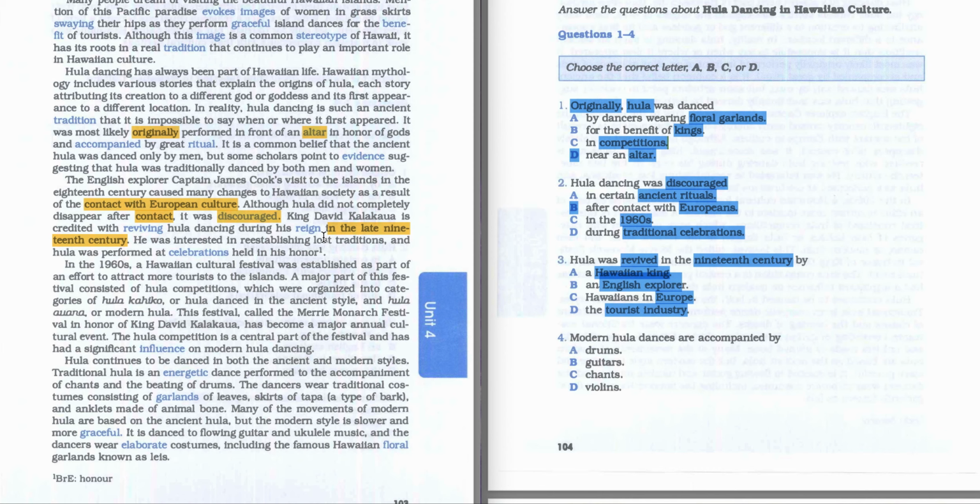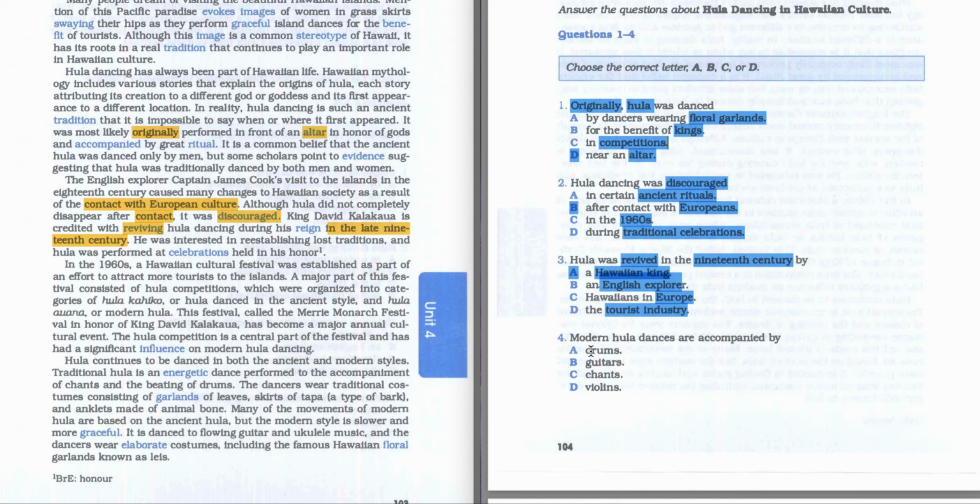King David Kalakaua is credited with reviving hula dancing during his reign in the late 19th century. So the king is David Kalakaua. It's for sure a king. So let's highlight. Our answer is going to be A.